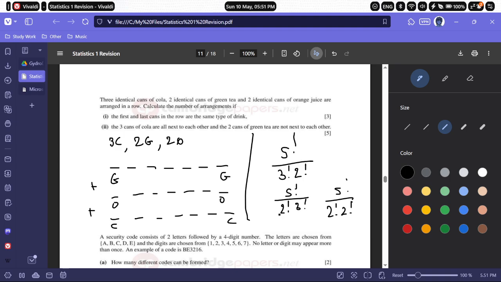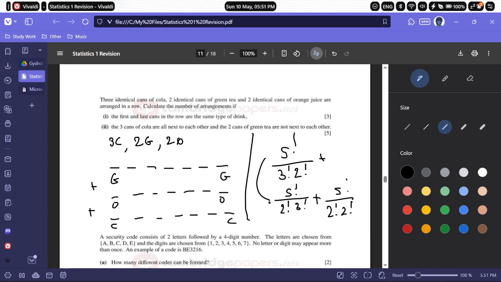Now these are three separate cases, right? And all of these three cases are acceptable. So you would add them up to find the final answer. So let me just do that. 5 factorial upon 3 factorial times 2, and the entire thing times 2, because if you'll notice, these two are basically the same.